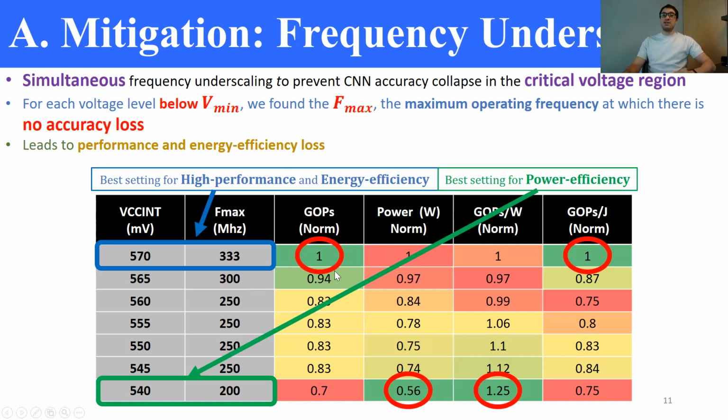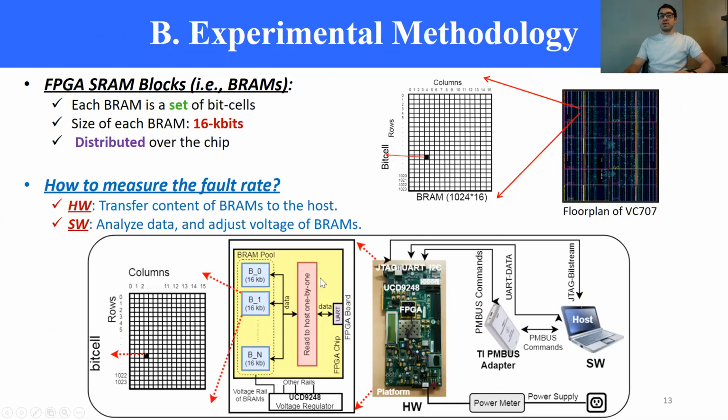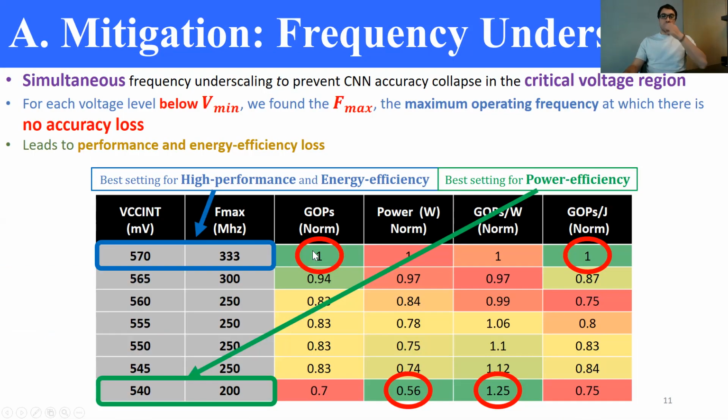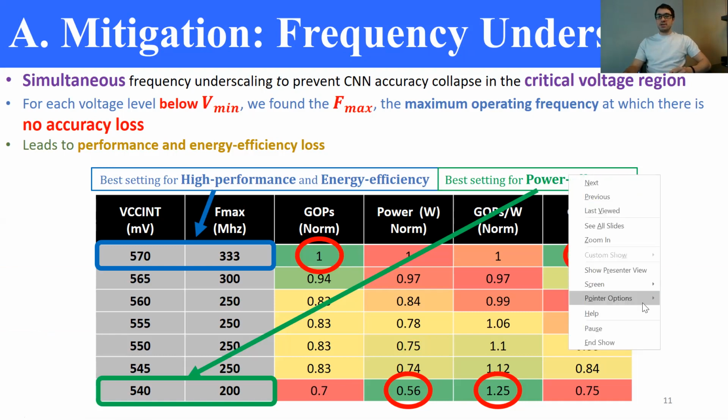But if we can tolerate some level of accuracy loss in our application, maybe we can even do better. We can achieve better power savings even if we lose some accuracy. So, this was the fault mitigation technique that we have evaluated.